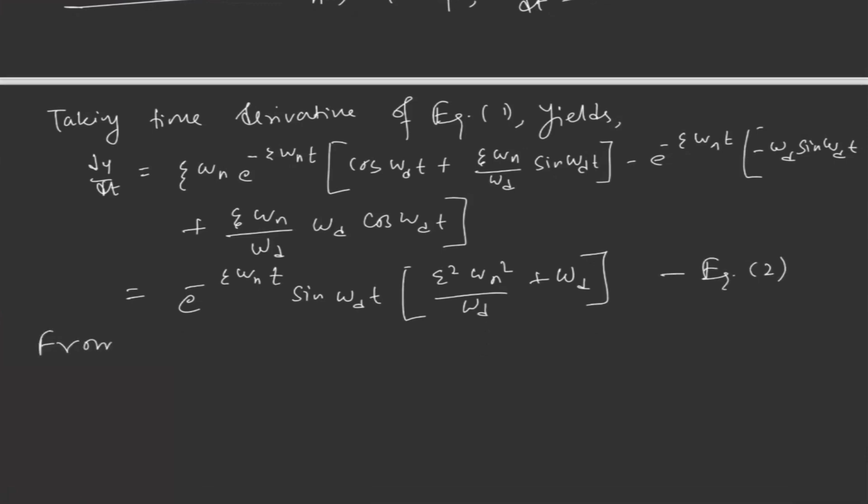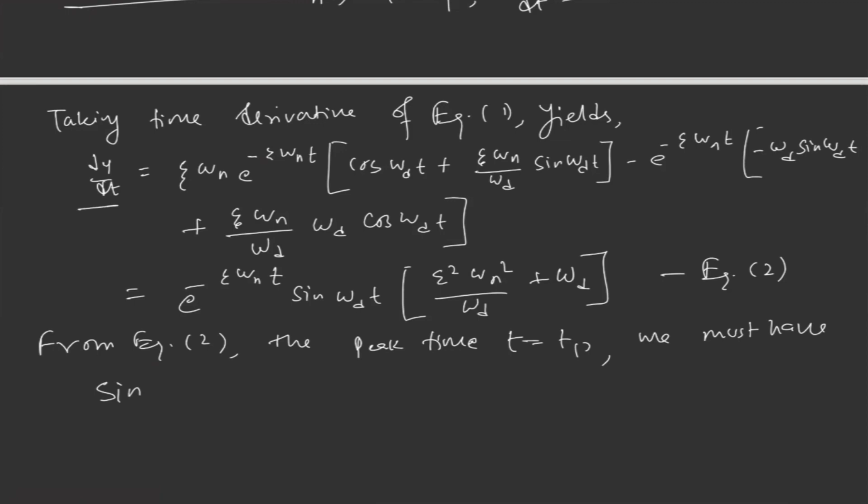From equation 2 we can write the peak time: at t equal to Tp, we must have sine omega d t equal to 0. Under this condition, omega d Tp equal to 0, pi, 2 pi, like this.